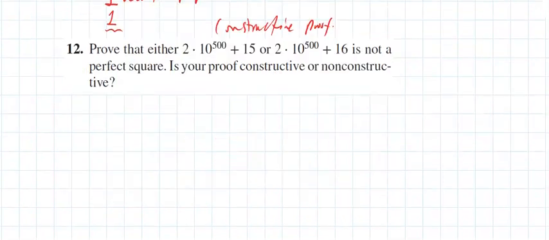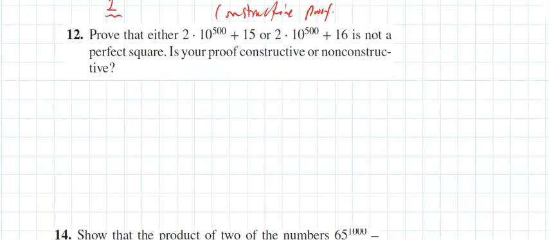How about the next problem, or the next example? The next one's talking about proving that either this or this is not a perfect square.